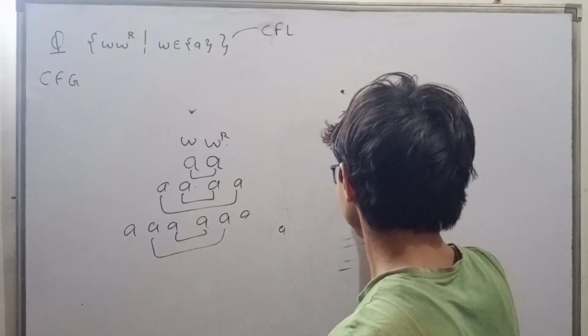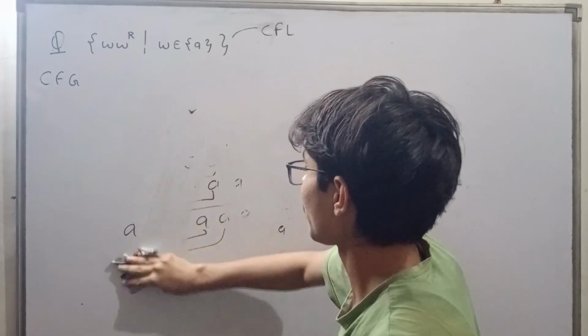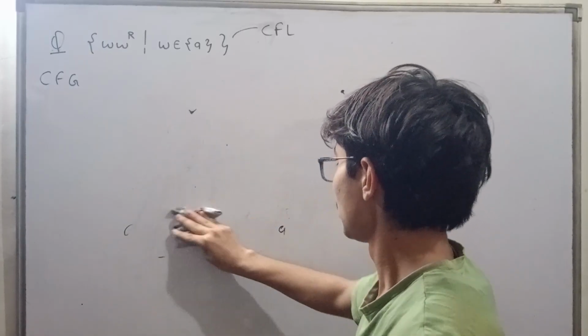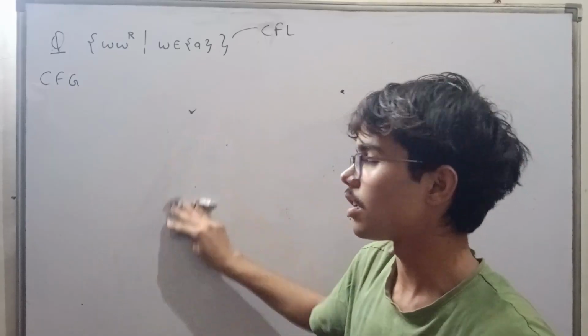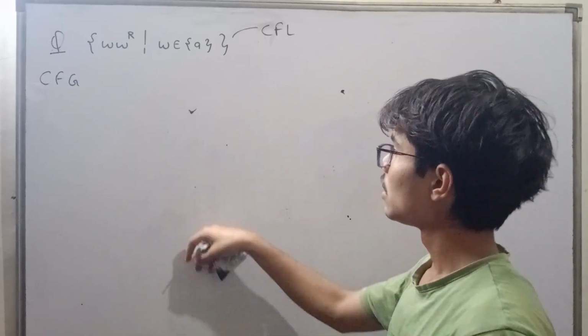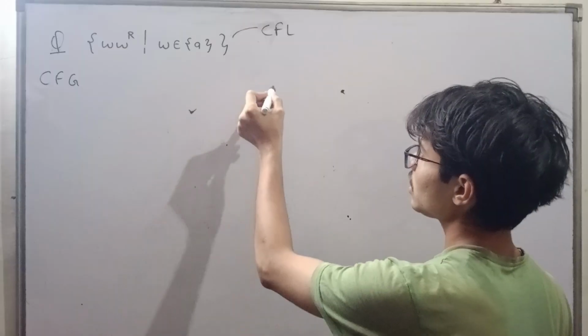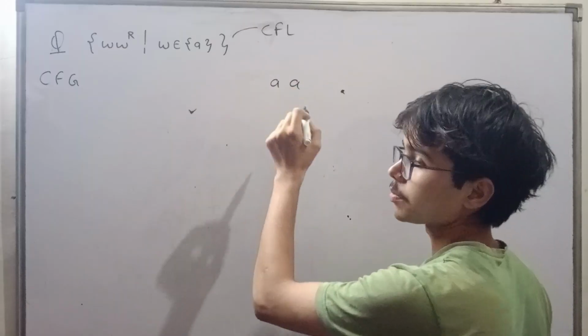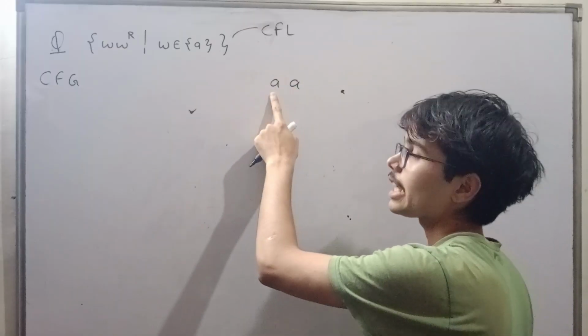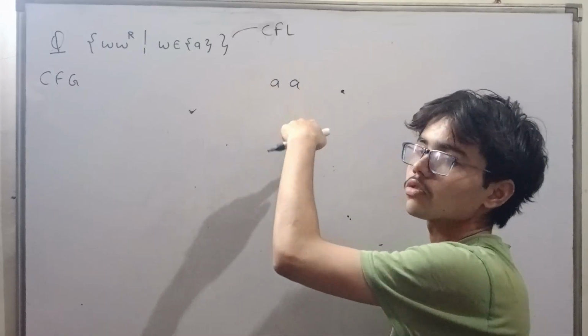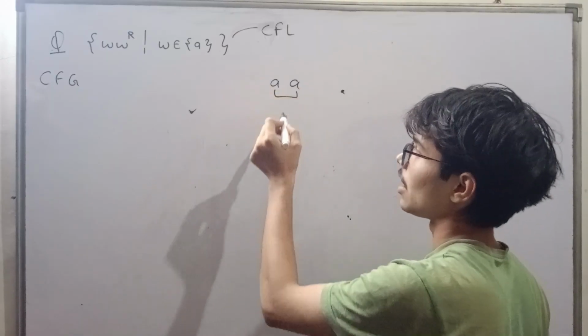So how do we write a grammar for this? Let's see. We just take an intuition of how the language should work. When you write A, its corresponding A should also be written.